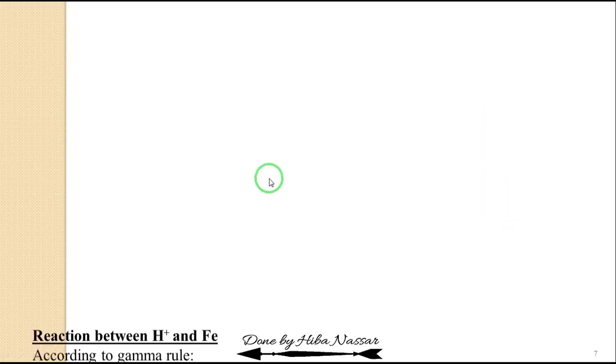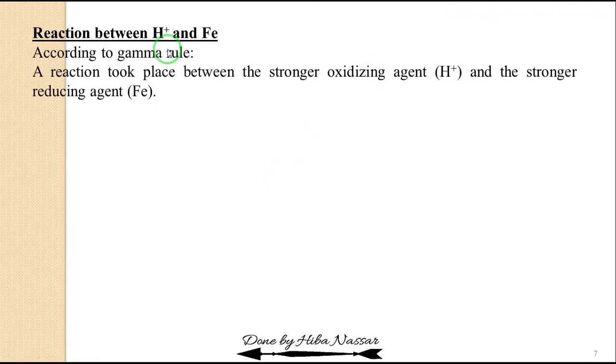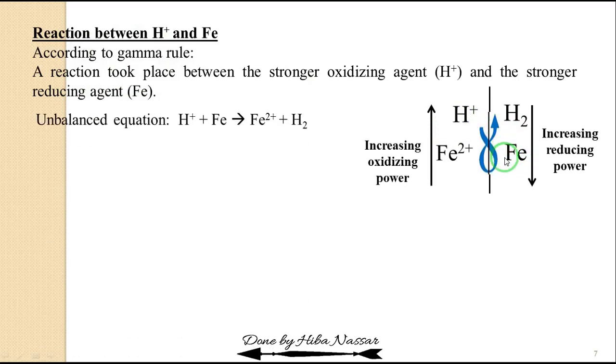So let's start with the first equation. Here we have a reaction between H+ and Fe. So according to the gamma rule, a reaction took place between the stronger oxidizing agent H+ and the stronger reducing agent Fe. So the unbalanced equation will be H+ plus Fe, which will give Fe2+ and hydrogen gas H2.